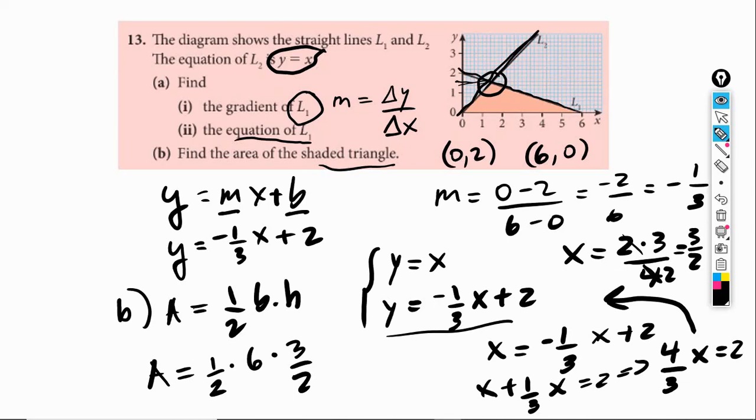Let's simplify here a little bit before we multiply. Notice that we can divide 6 by 2. So this is 3 times 3/2, 9/2, or 4.5. And they don't have any units, but you're expected to put something here as units, so you can say units squared. 4.5 units squared.